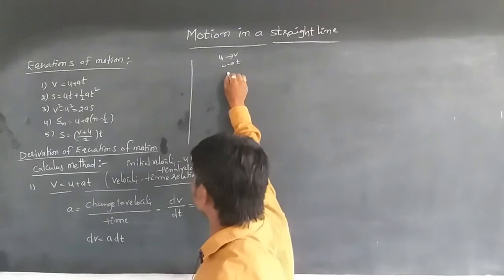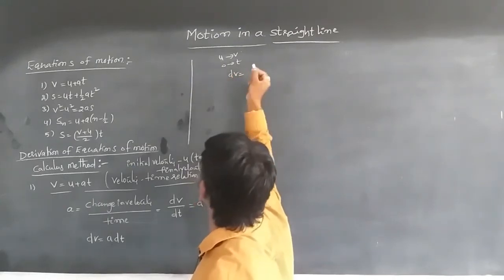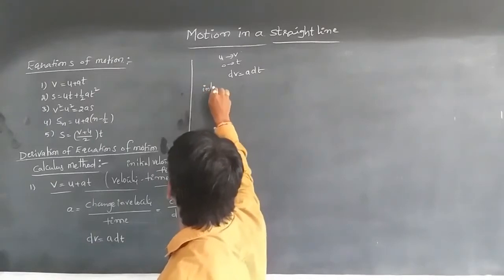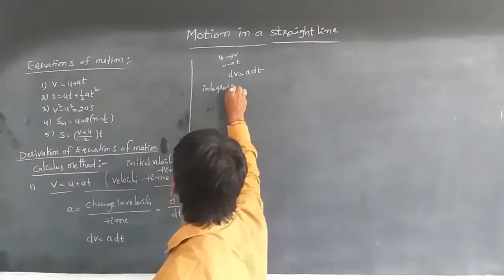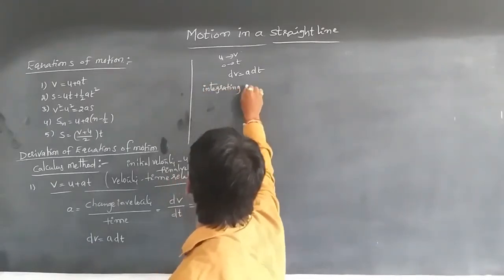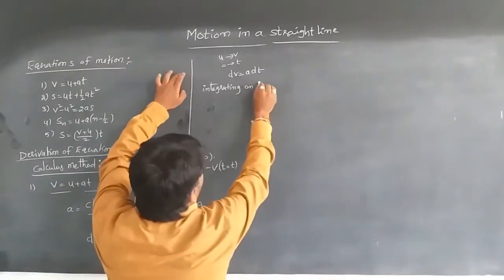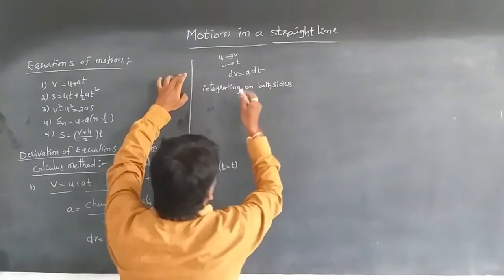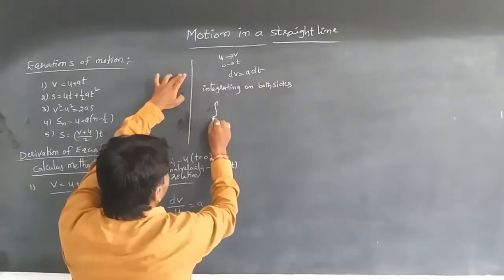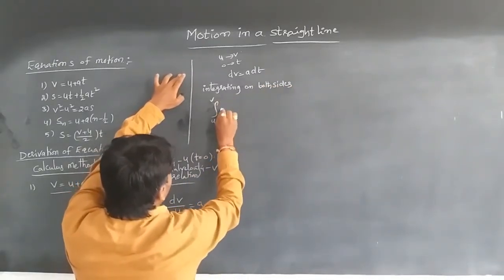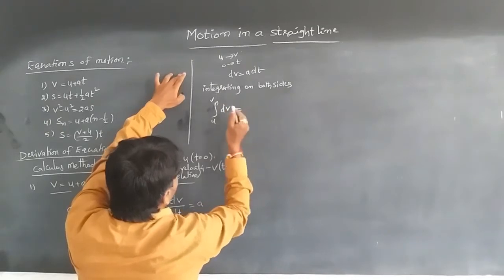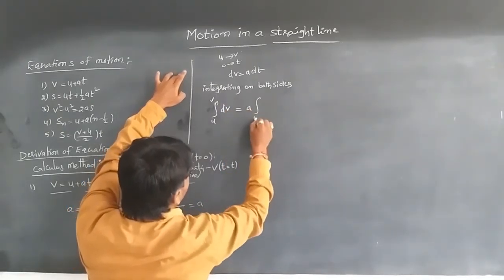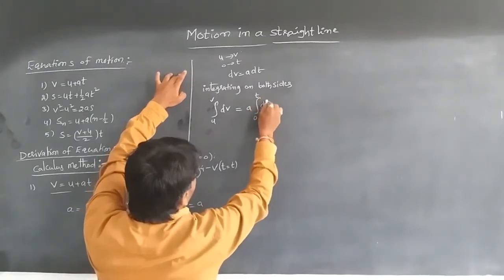Integrating on both sides, we get the integral of dv between the limits u and v, and a times the integral of dt between the limits 0 to t.